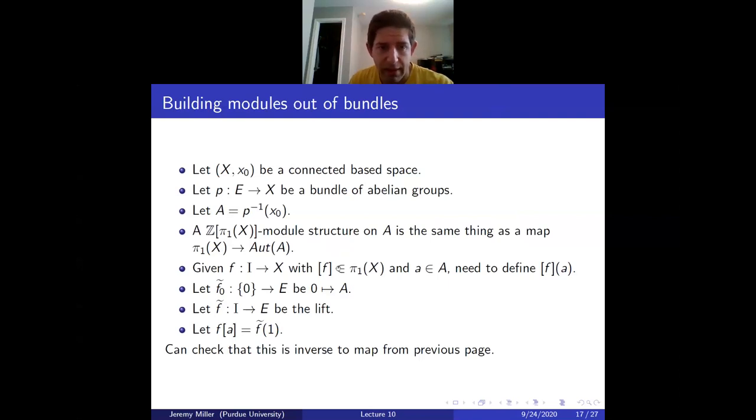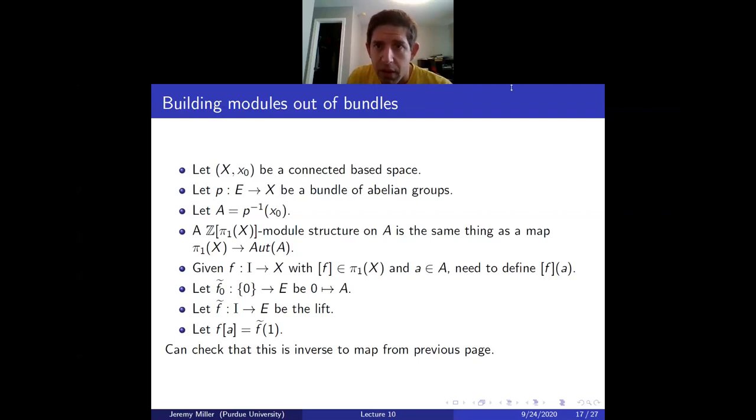And this is something that should be familiar from 571. Let's say we have an element of the fundamental group, and view it as a path. Then I want to tell you how it acts on A. Well, an element of A is an element of the fiber, so we can view that as a lift of the base point.